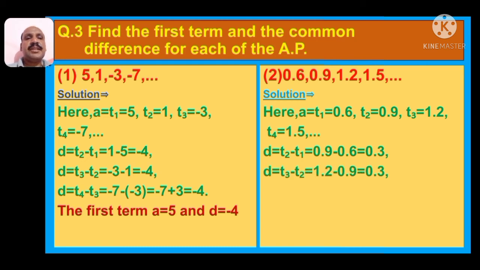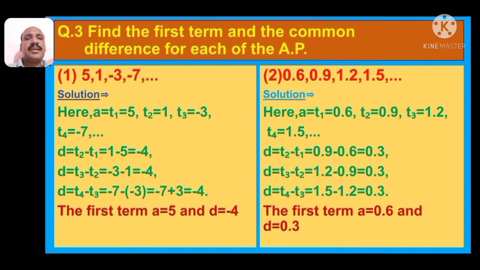D is equal to T3 minus T2, which is equal to 1.2 minus 0.9, which is equal to 0.3. D is equal to T4 minus T3, which is equal to 1.5 minus 1.2, which is equal to 0.3. Now here the first term A is equal to 0.6 and the common difference D is equal to 0.3.